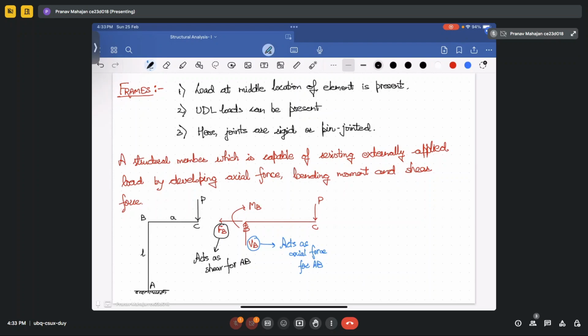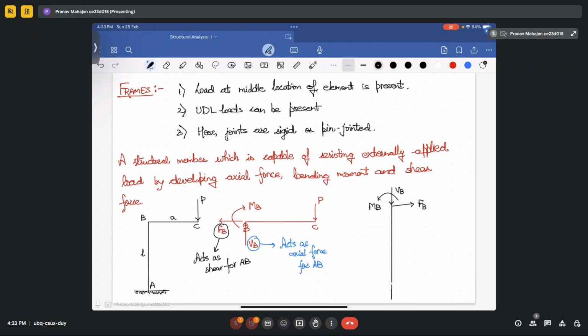So see the free body diagram here. VB will be acting along the axis of the member. FB will provide you the horizontal shear, and the moment MB will also be inside the member.